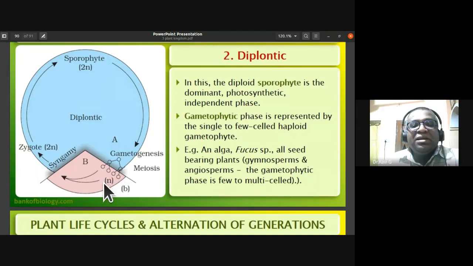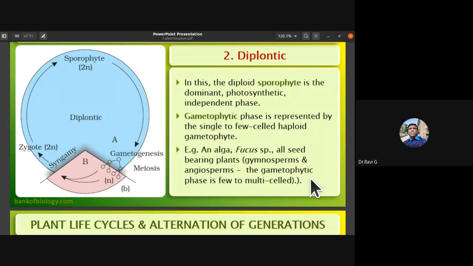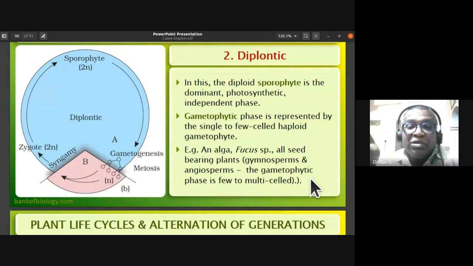Examples are algae like Fucus, and all seed-bearing plants like gymnosperms and angiosperms. The gametophytic phase is few to multi-celled. The gametes represent the gametophyte there. In the pollen grain, as I told you, the mature pollen grain is the male gametophyte, and the mature embryo sac is the female gametophyte. So they are reduced, and the sporophytic plant body is the dominant photosynthetic and independent phase.